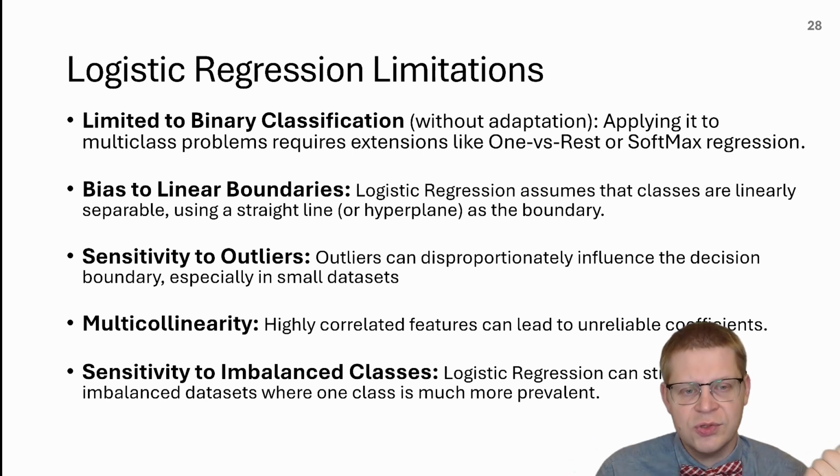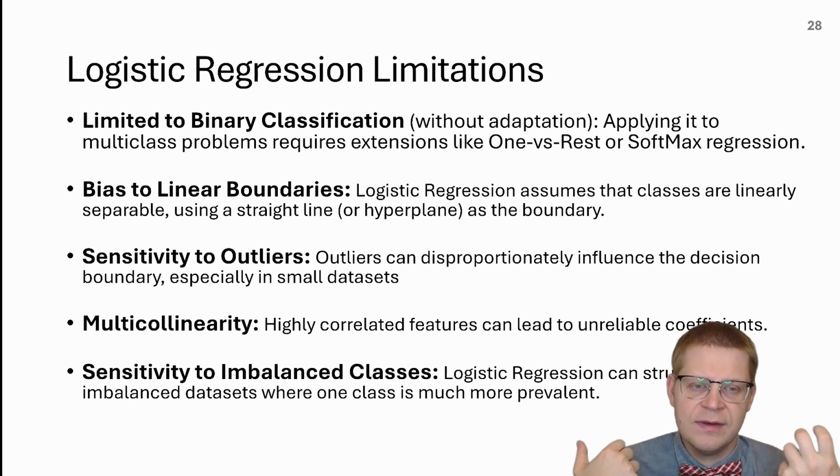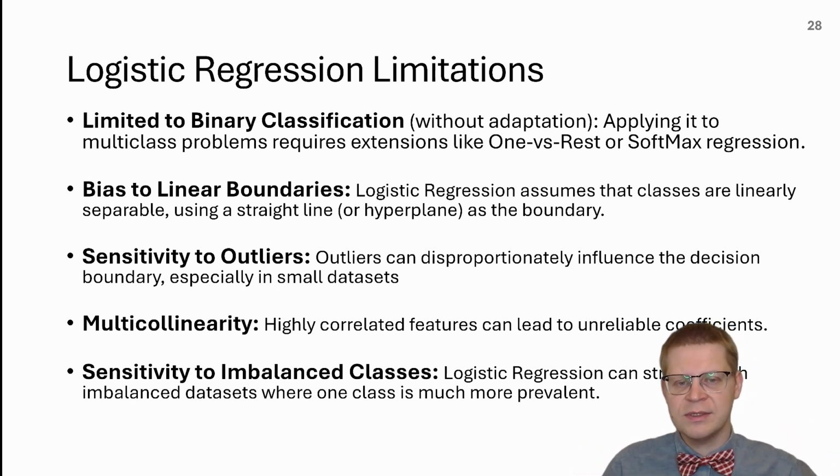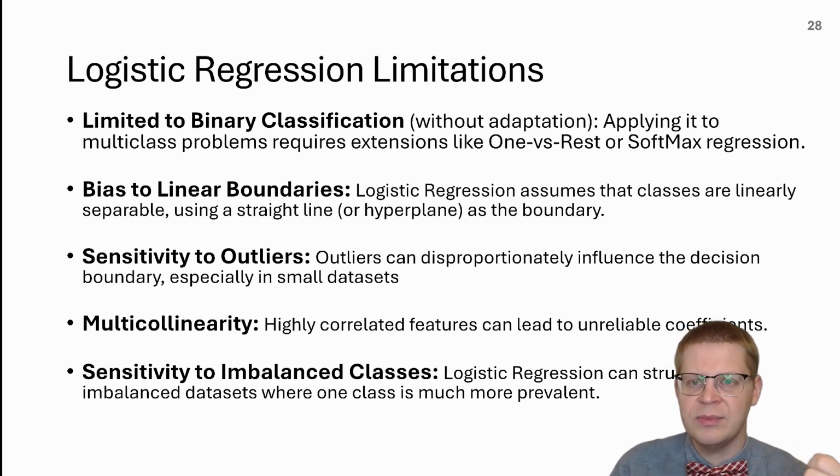And this model assumes that classes are linearly separable, meaning it creates straight line or hyperplane boundary. This can limit its effectiveness with complex data patterns. Outliers can heavily impact the decision boundary, especially in smaller datasets, leading to less reliable predictions.